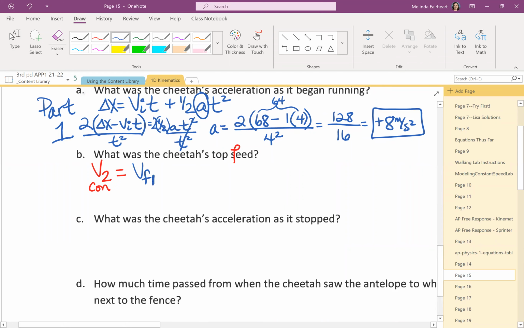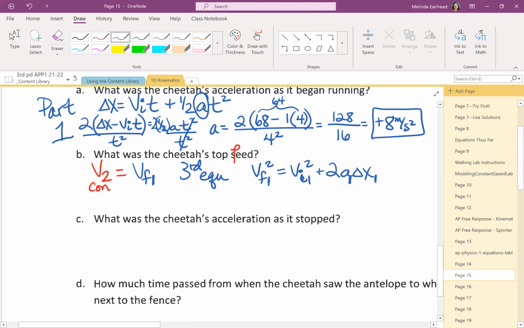Let's solve for final. Now the first equation, I think we've seen it used many, many times, right? Let's get some practice with that third equation. So I'm going to use the third equation here. And so it's VF squared equals VI squared plus 2A delta X. And all of these, we said we're going to look at part 1.